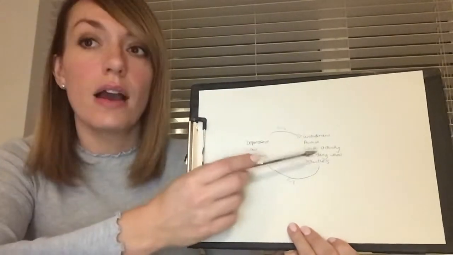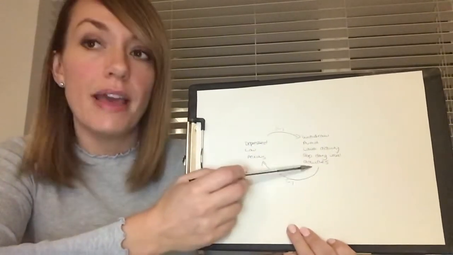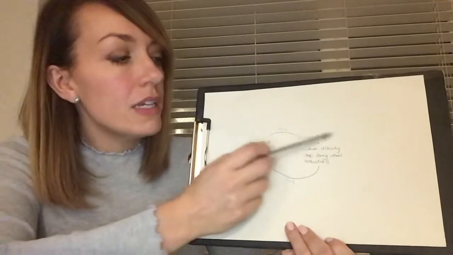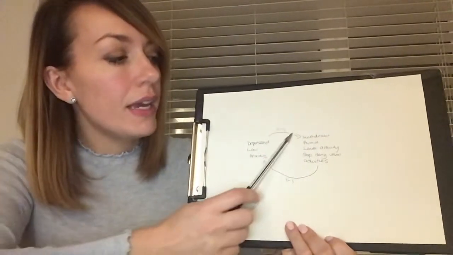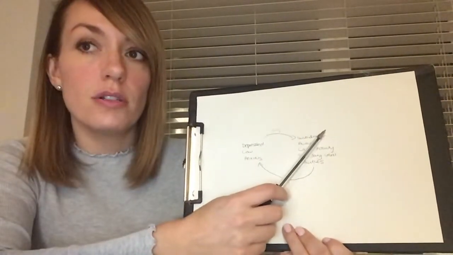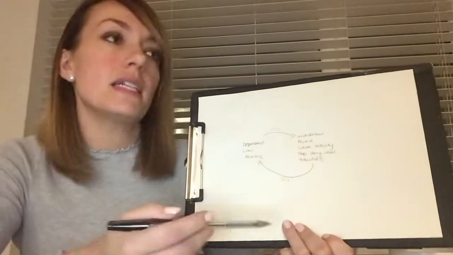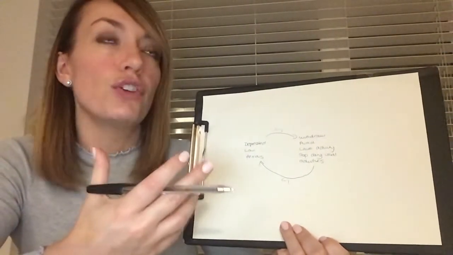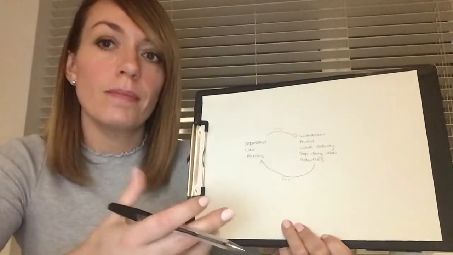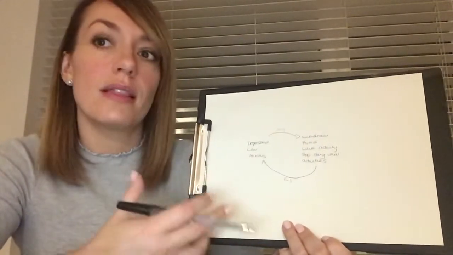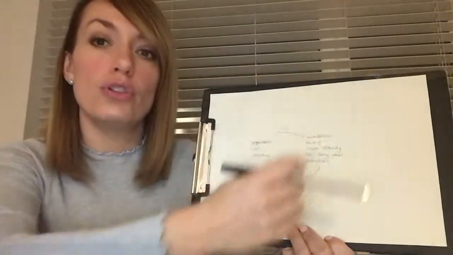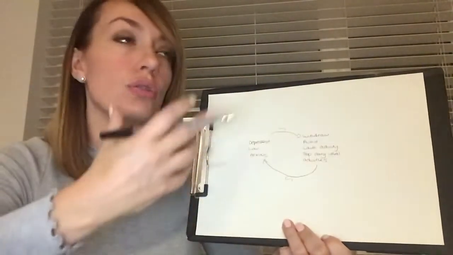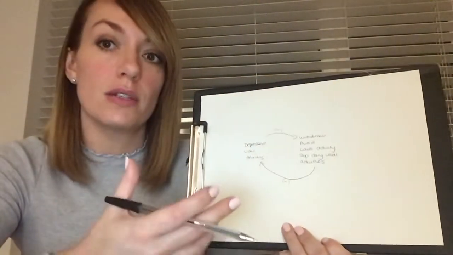So we target the other side of the cycle instead, so our behaviour. What we tend to find with behavioural activation is if we can look at the behavioural changes, and then very steadily and very gradually teach you how to put in place different goals or activity and structure, the hope is that that will start to undo this cycle and get you stuck in more of a positive or virtuous cycle.